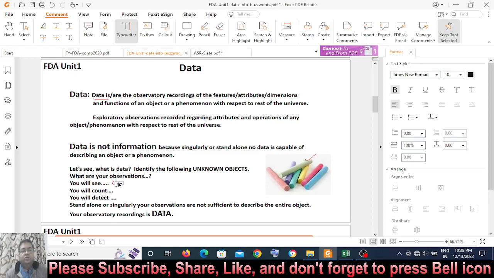It's too small to read, so let's make the font a little bigger, size 20. So the first thing you see is color. Then you see it is cylindrical in shape.